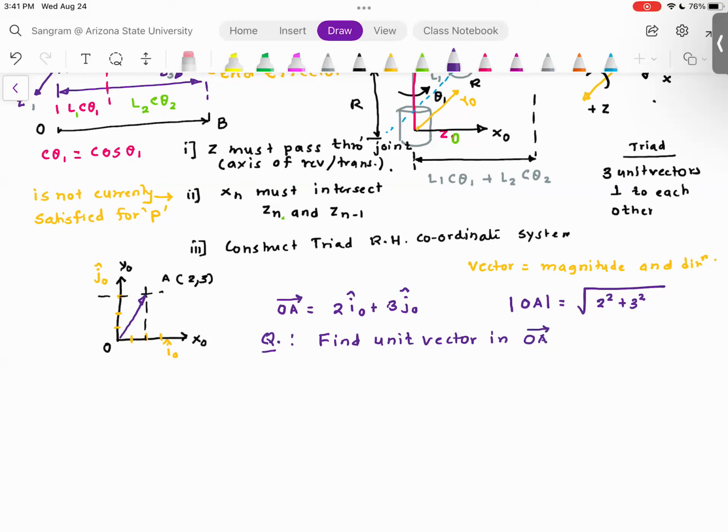If I want to find the unit vector in the OA direction, I'm going to call it n hat. This is the unit vector in the OA direction, and n hat is equal to OA divided by the magnitude of OA. Are you with me so far?